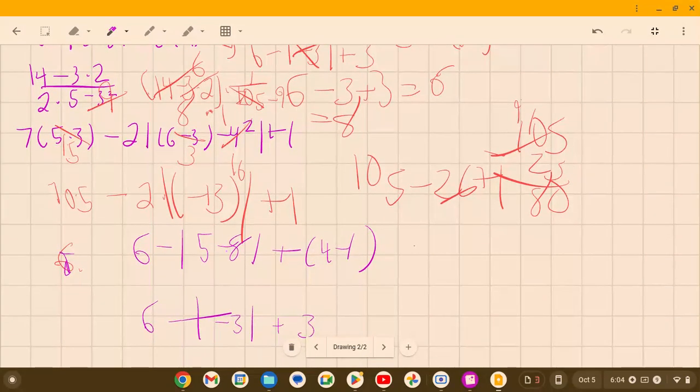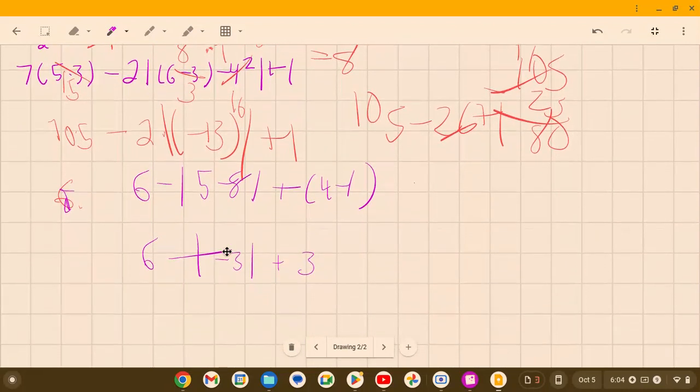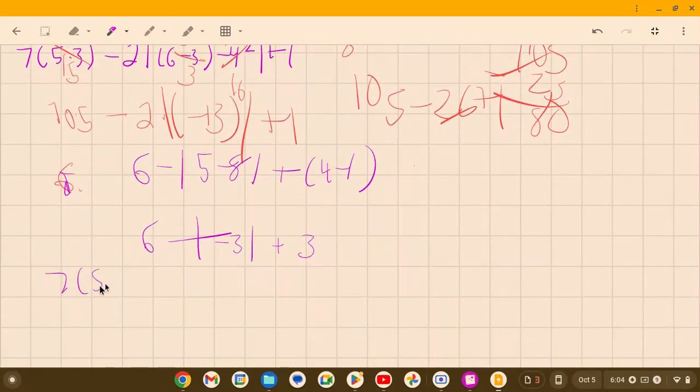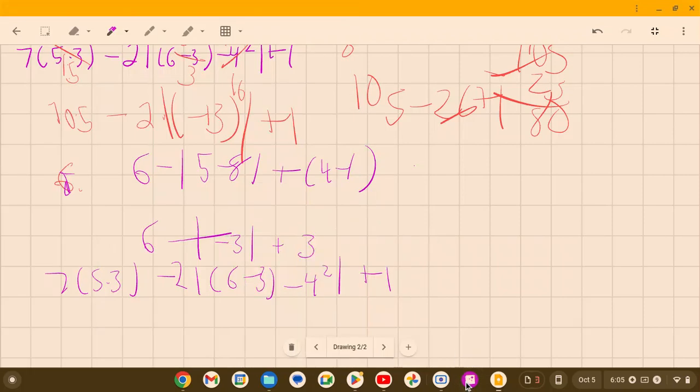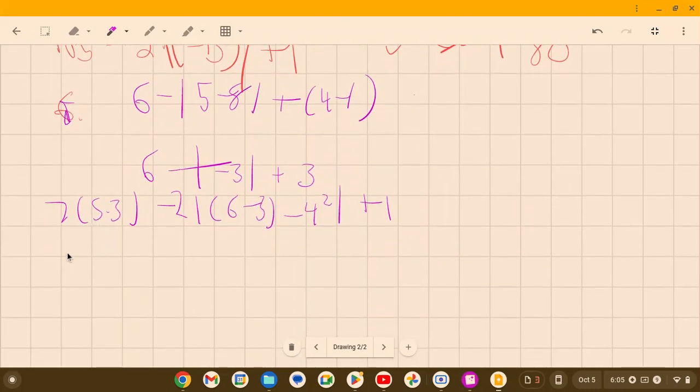So let's do this again. Here, 7, 5 times 3, 2, 6 minus 3 minus 4 squared plus 1. Let's make sure that's right. Okay. 7 times 15 minus 2 absolute value, 6 minus 3.